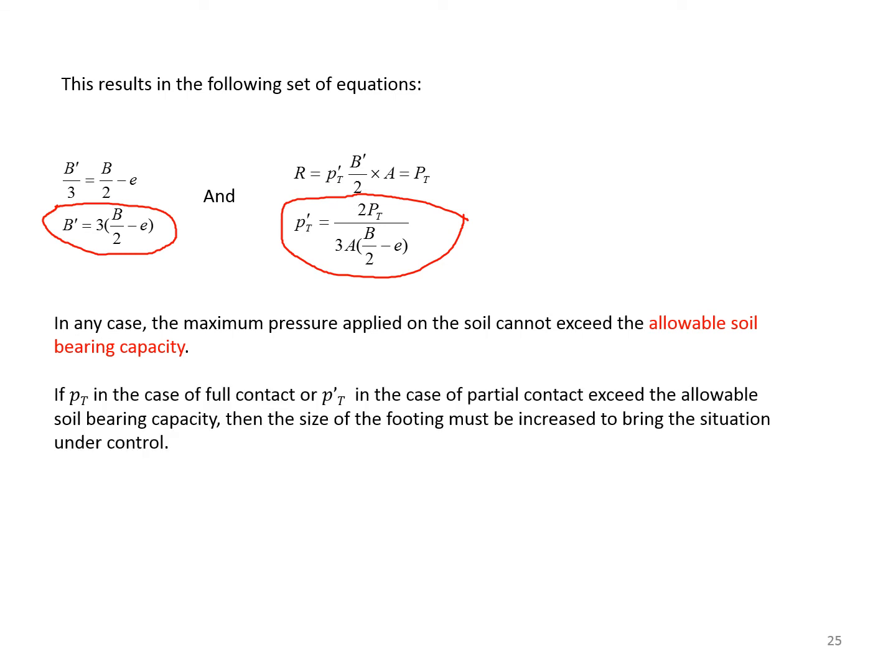If PT in the case of the full contact or P prime T in the case of partial contact exceeds the allowable soil bearing capacity, then the size of the footing must be increased to bring the situation under control.